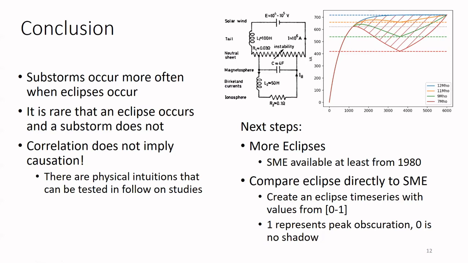It's a range of values between 1 and 0, and then you can correlate that with the actual numerical value of the SME and get perhaps greater detail. Maybe that has to be done with the change in the SME or something to that effect. But in any case, there are a bunch of other features that we can look at to get perhaps more information on the correlation between these two variables.